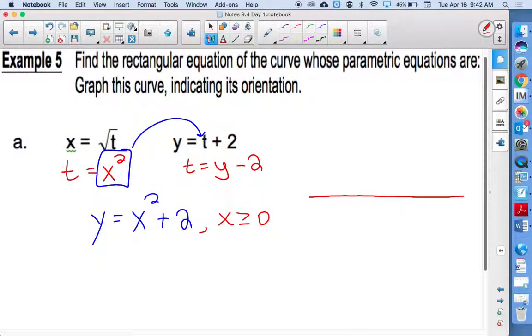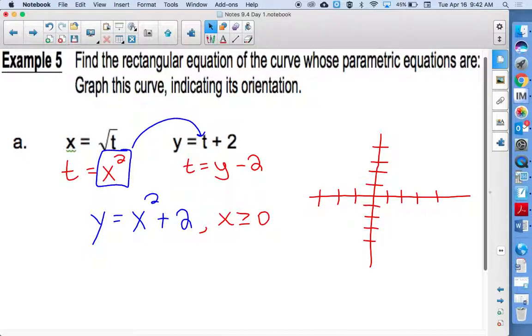So we're asked to graph it, and then we're going to indicate the orientation, so the direction that it moves. We're going to get at that orientation by thinking of the original problem instead of the new one. So if this is x squared plus 2, Abby, what happens with x squared plus 2? It's a parabola. And this parabola starts at?